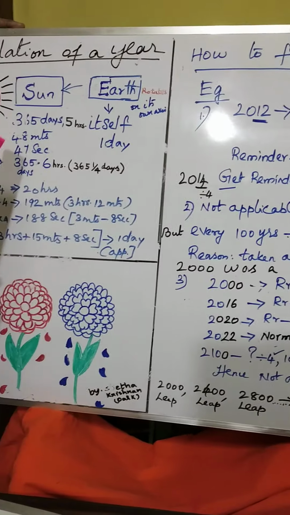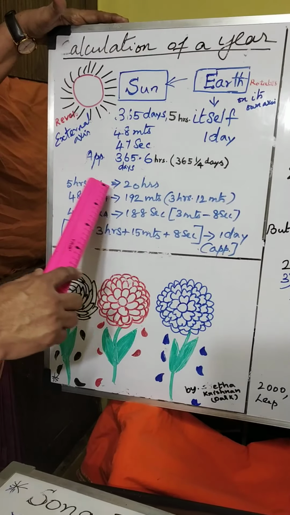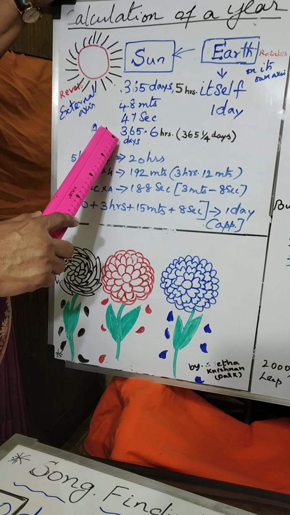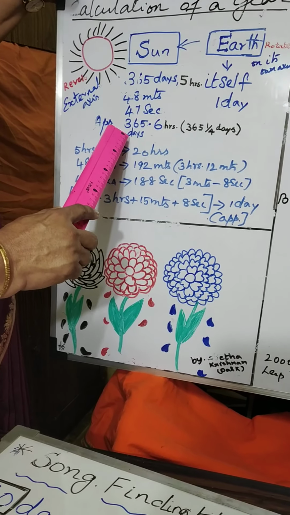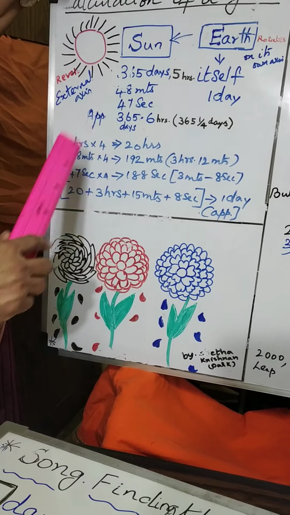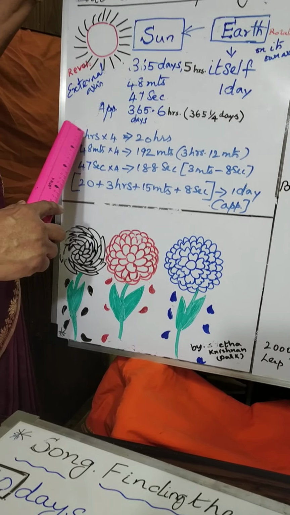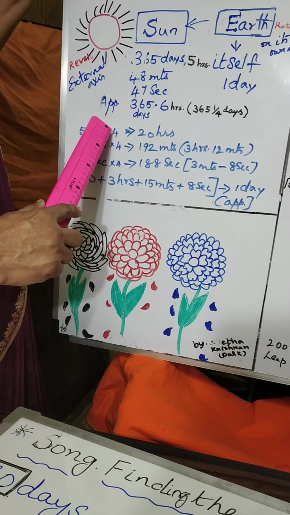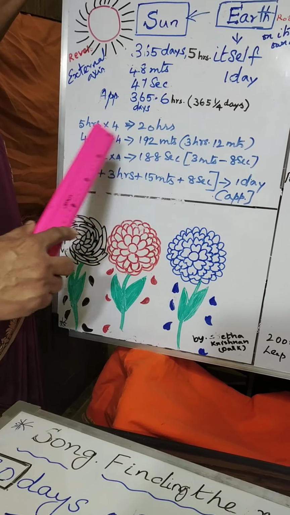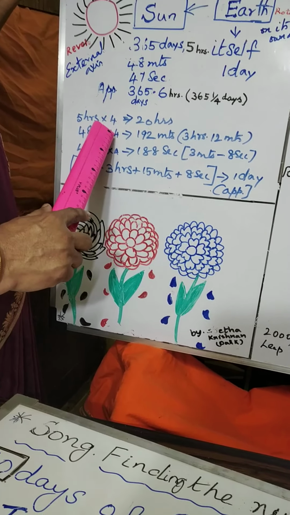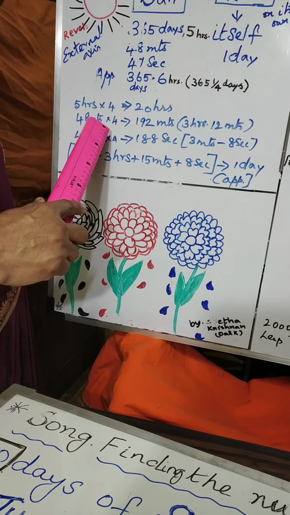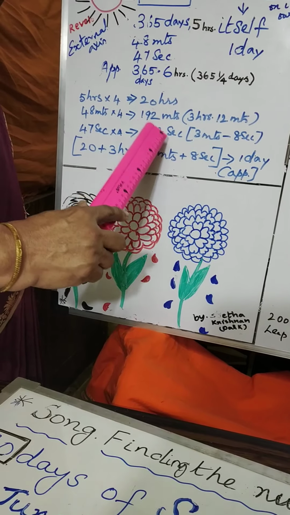Now we see this. Here we have taken only approximately 5 hours. 1 year 5 hours extra, like that 4 years, definitely 20 hours. 48 minutes means for 4 years 192 minutes, and 47 seconds for 4 years 188 seconds.